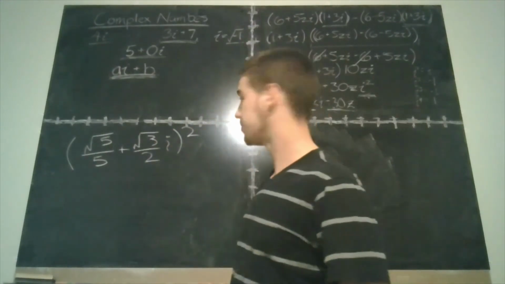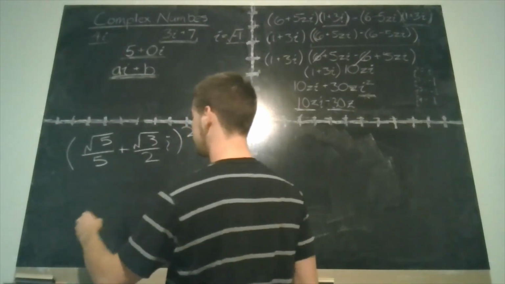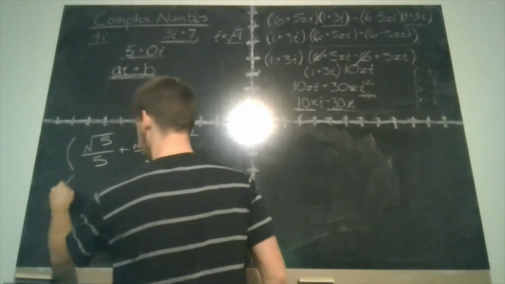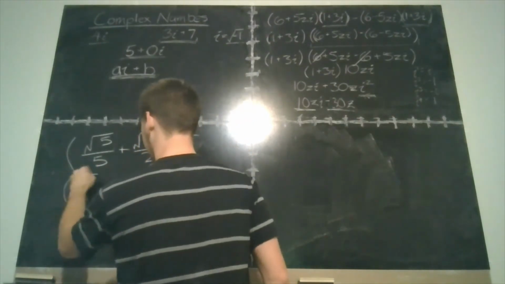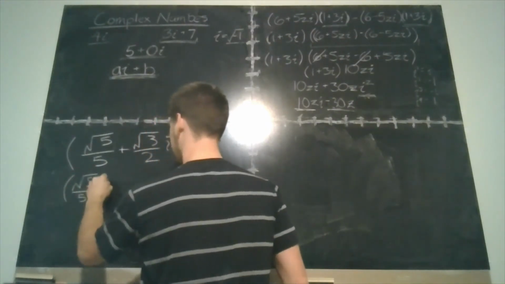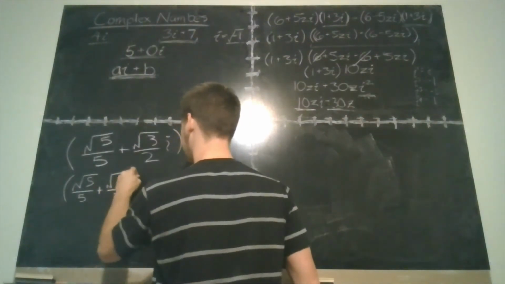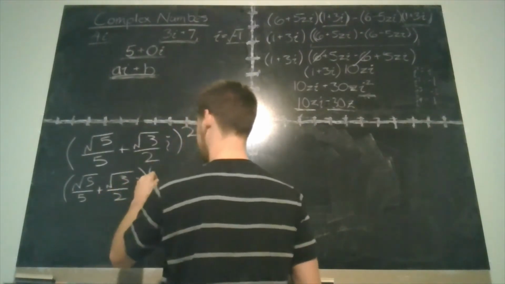So this is just that number multiplied by itself: radical 5 over 5 plus radical 3 over 2i times itself.